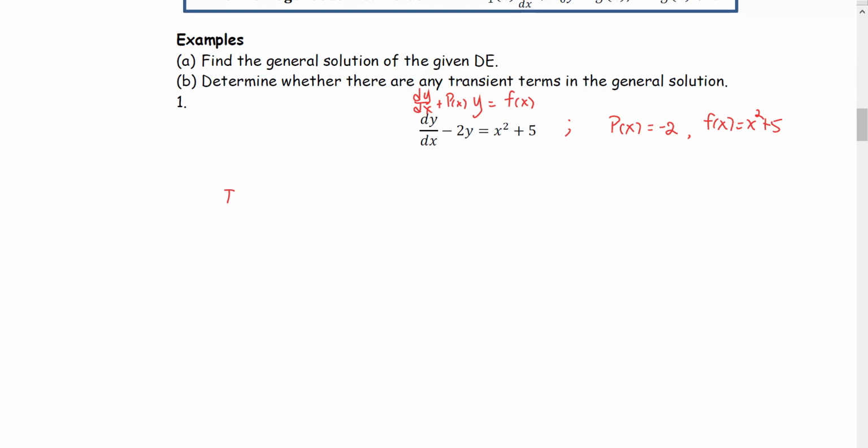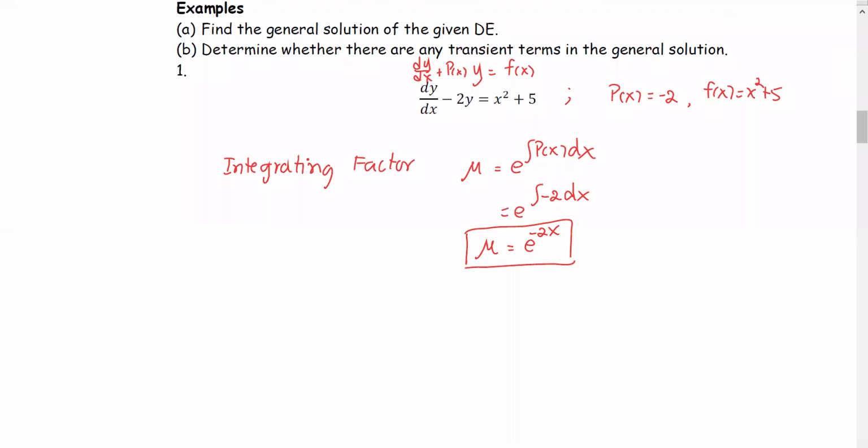Next, we find the integrating factor. The integrating factor mu is e to the integral p of x dx, or e to the integral of -2 dx. We get mu equals e to the -2x.